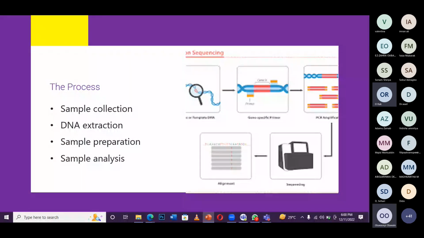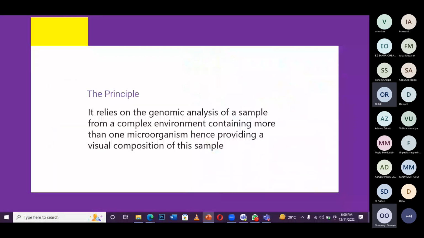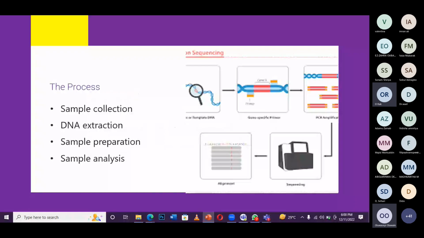First you embark on sample collection. You go to the site and collect the sample. But first remember you have to know what you want to do. Is it 16S metagenomics or shotgun sequencing? Is it target sequencing or shotgun sequencing? If it's target sequencing, you want to do biodiversity.